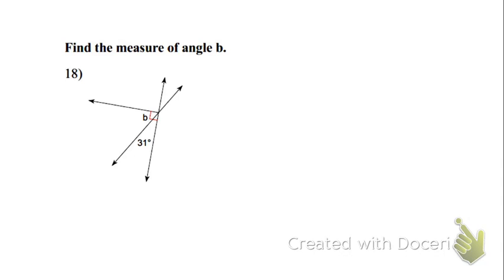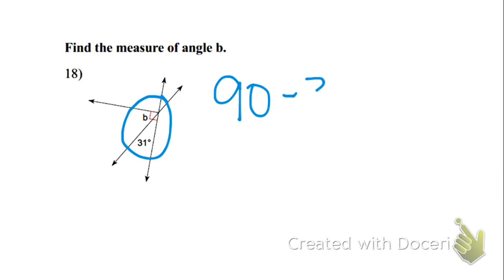Okay. This one's a little bit different, so we want to find the measure of angle B. First thing hopefully you notice is that this is a right angle, so we know that's 90 degrees. So all you have to do is subtract 90 minus 31. And hopefully that gave you 59.